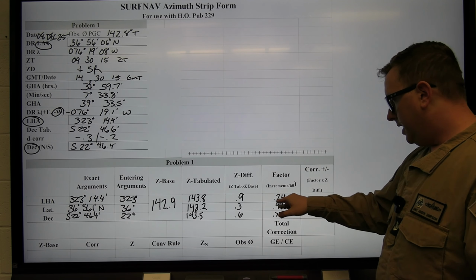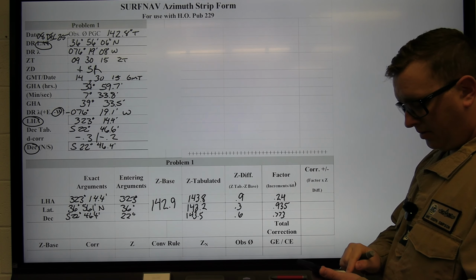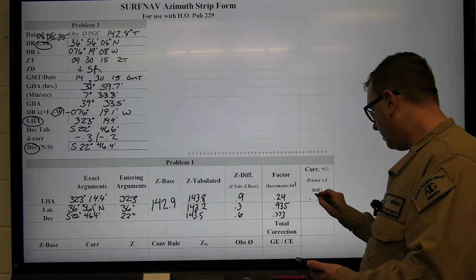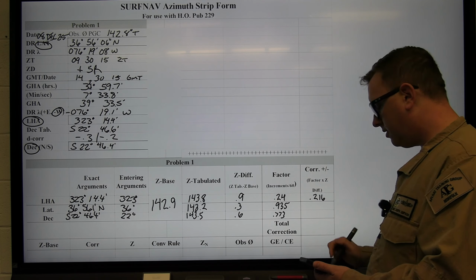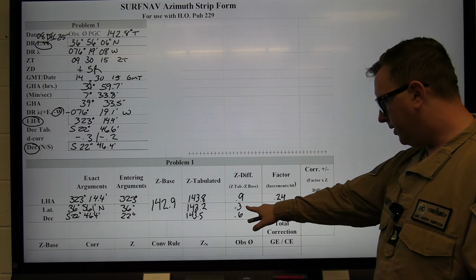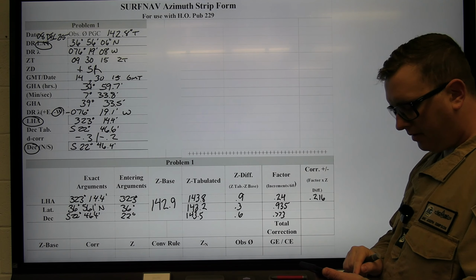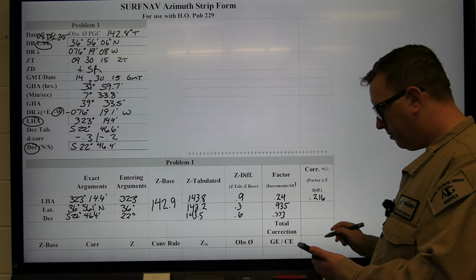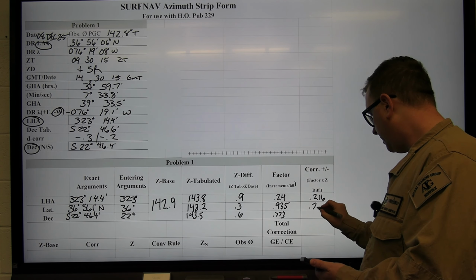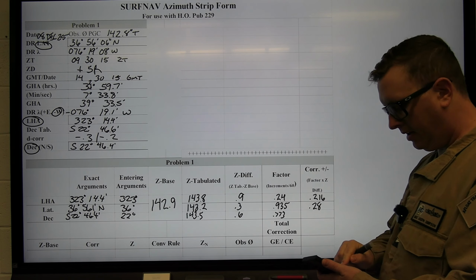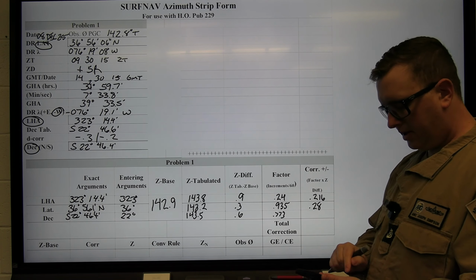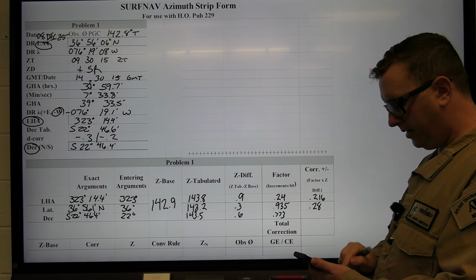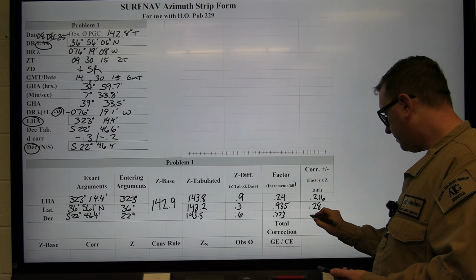Now we're going to take 0.9 times 0.24, 0.216. 0.3 times 0.935, 0.28. And then 0.6 times 0.773, 0.46.